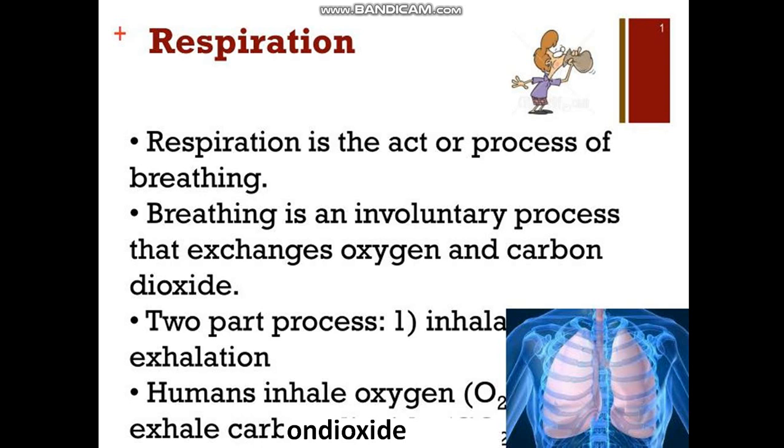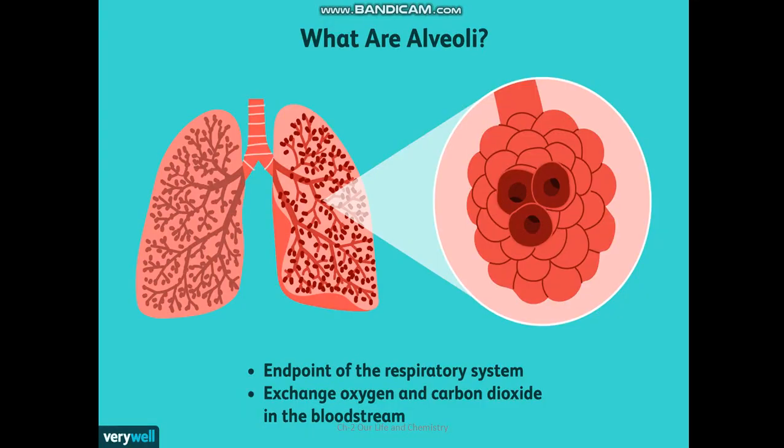Okay, so let us talk about the first process, that is the inhalation. When we inhale, oxygen in the inhaled air passes through the walls of the alveoli of lungs. Now let us first know what is an alveoli. These are the lungs.